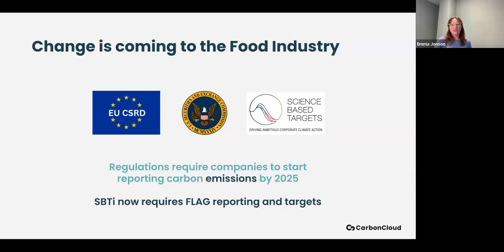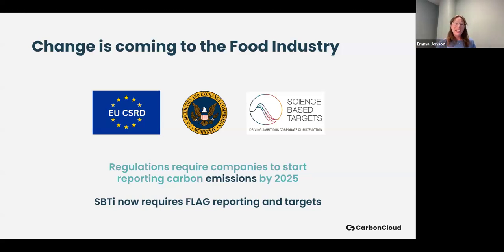Then we also have voluntary frameworks like the science-based targets that we have several customers and other parties that we're talking to that are involved in. So it's a voluntary platform where you commit to reducing your emissions by pledging a target.